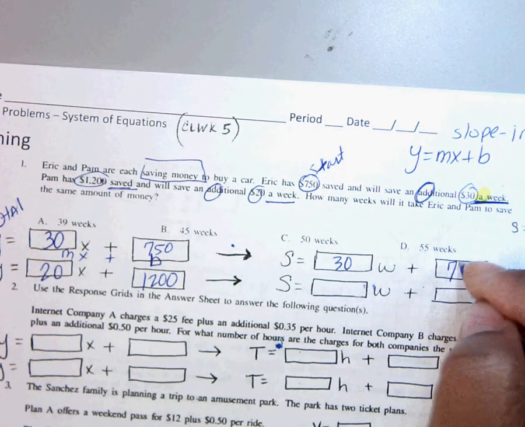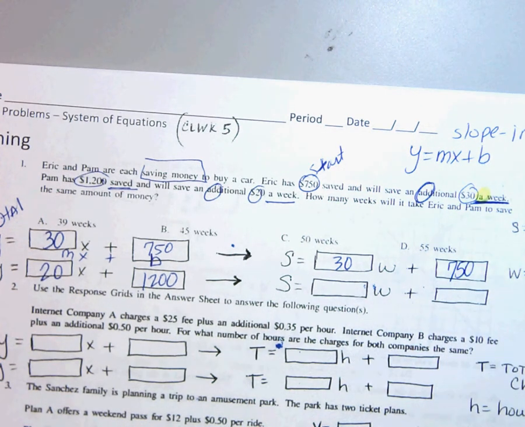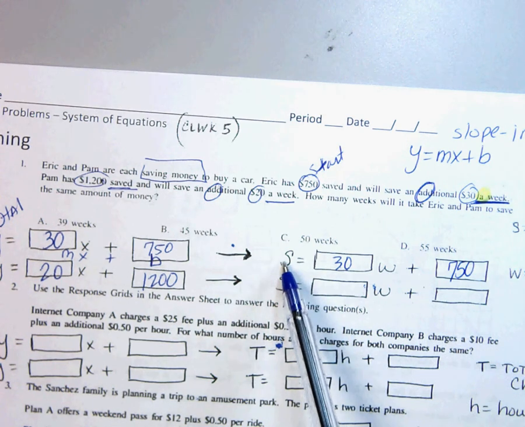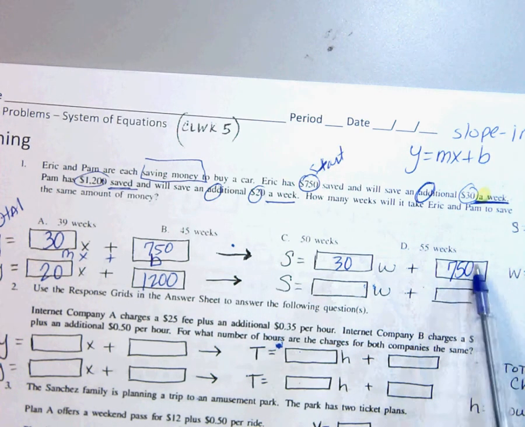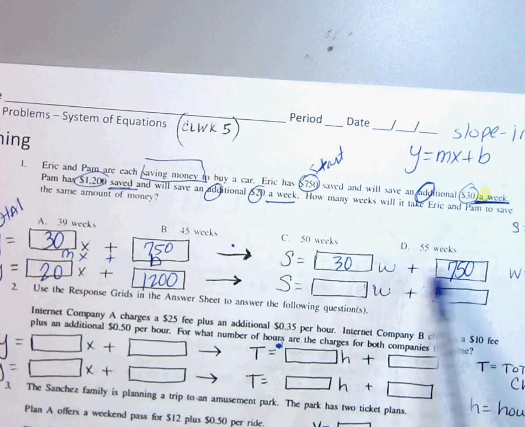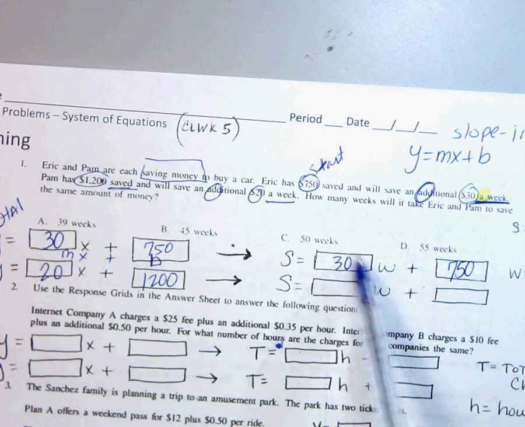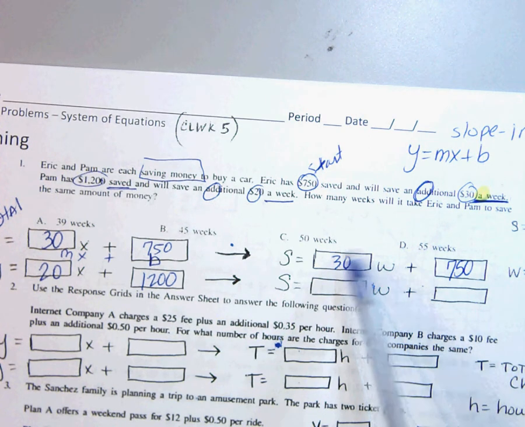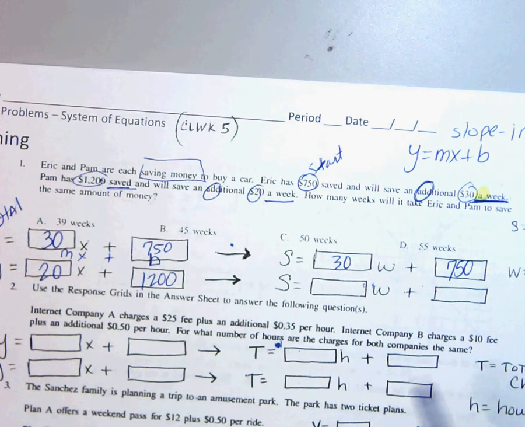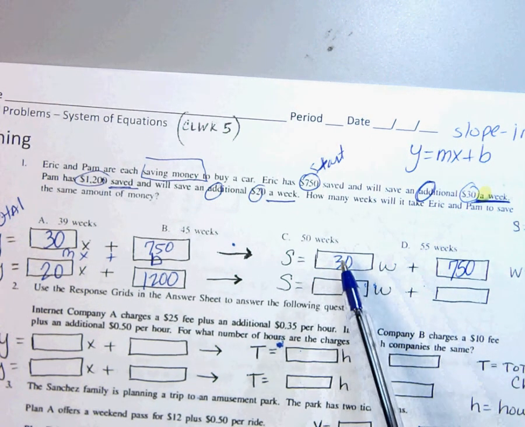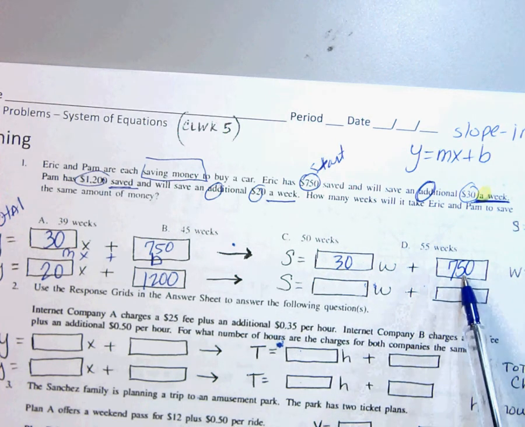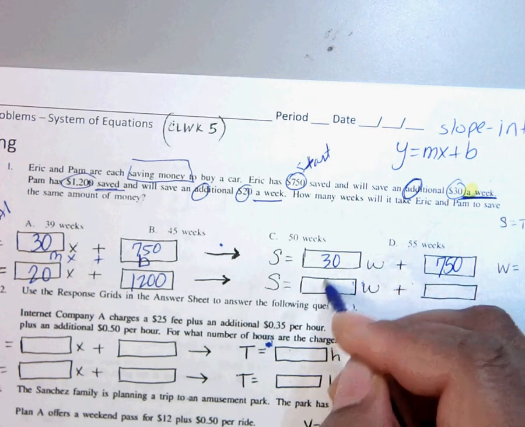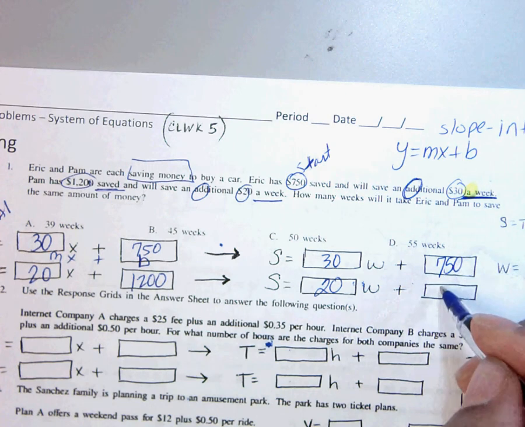We add the 750. Now I know some of you are saying, well, you said next to the letter, so can I put it next to S? No. Remember, this is still in the form y equals mx plus b, so this would be the m spot, therefore 30 goes there. And if 30 represents how much you're going to do a week, this kind of looks like 30 a week plus 750 already saved. So now we put in the 20, and now we put in the 1200.